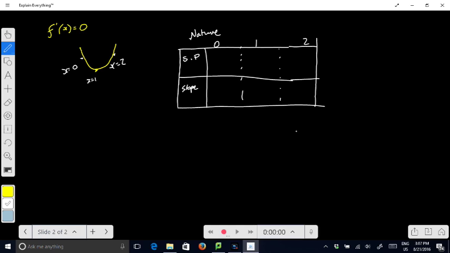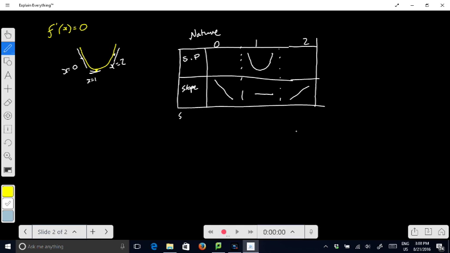What happens at the slope? We've got a decreasing gradient, so the slope at 0 is decreasing. At 1, it's horizontal. At 2, it's increasing. So it looks like the stationary point is going to be a minimum.